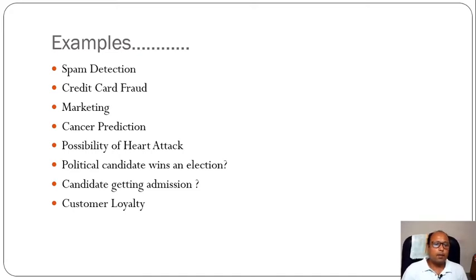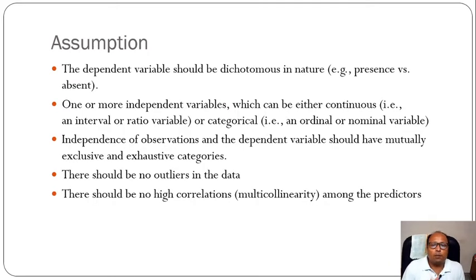A person may commit fraud or not. A person may be a buyer or non-buyer, cancer or non-cancer, heart attack or non-heart attack, an individual wins or loses an election. So the dependent variable should be dichotomous in nature, either presence or absence of the information.